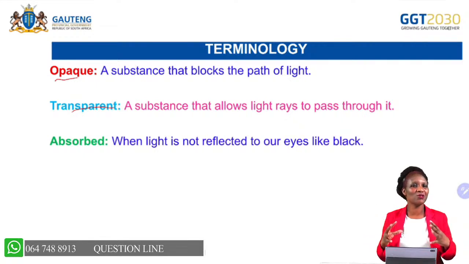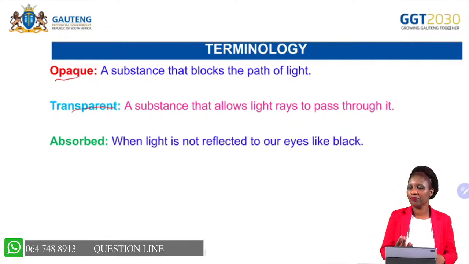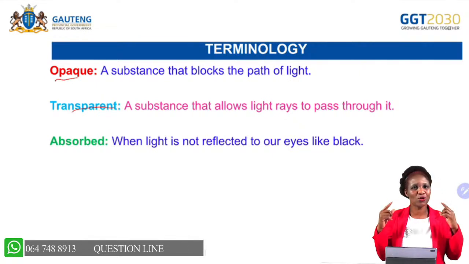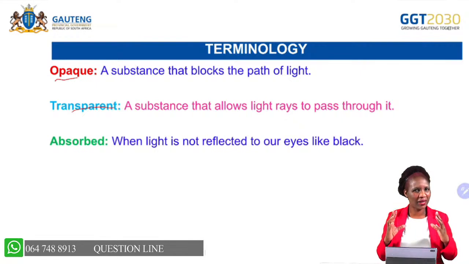All the colors of the spectrum will be absorbed. No color is going to be reflected to our eyes. Therefore, our minds are going to interpret this as black. Do you get it? Because no light is going to come to our eyes. Okay, the colors will be absorbed.